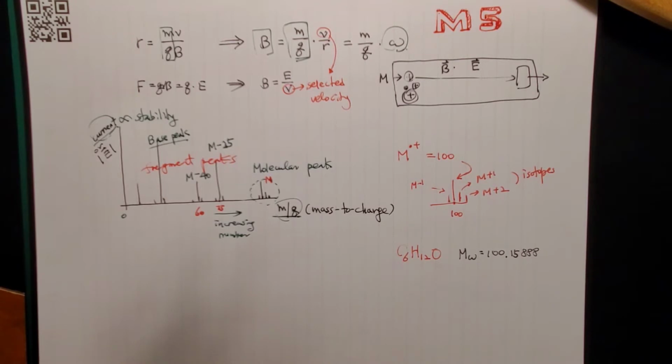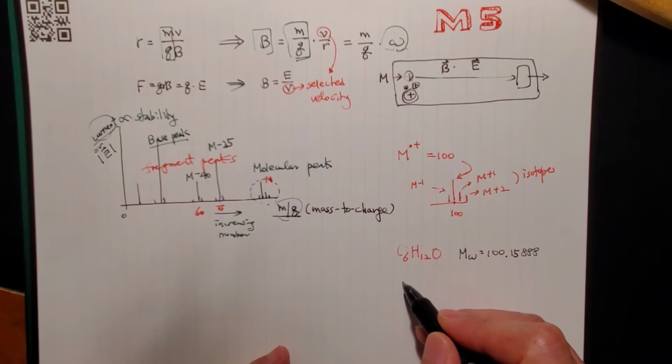So naturally, when you deal with a mole number of a group of molecules, you have to use the average of them. Okay, but when you measure individual molecules, an individual molecule may have just all carbon-12, all hydrogen-1, all oxygen-16. And when you measure that, it's not going to be this.